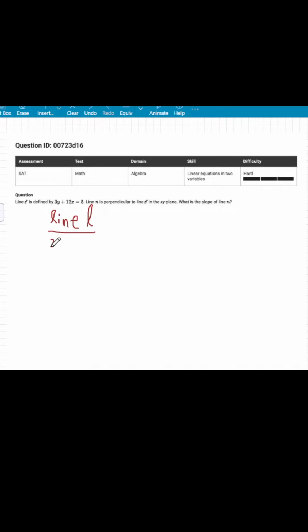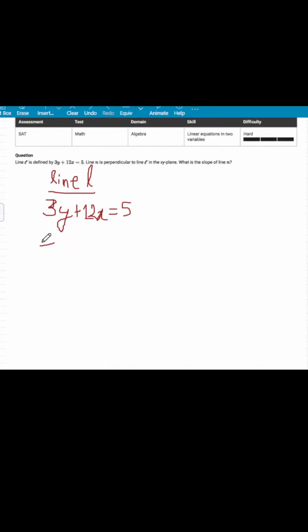So 3y plus 12x is equal to 5. We can bring the y to one side and convert it into the form y equal to mx plus c, where m is the slope and c is the y-intercept.